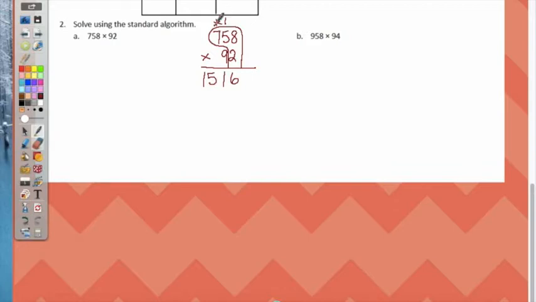So X's and O's. Put the color on if it helps you to cross off that 2. I think it's a pretty good strategy. This is where the regrouping comes in. So we're multiplying by 9. So 9 times 8, 72.